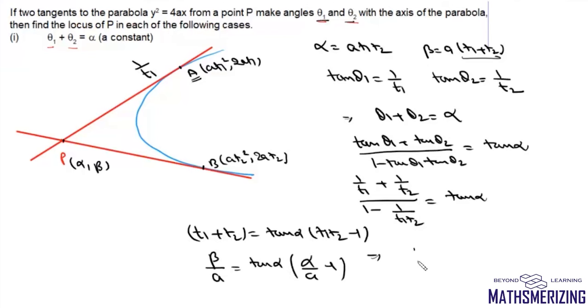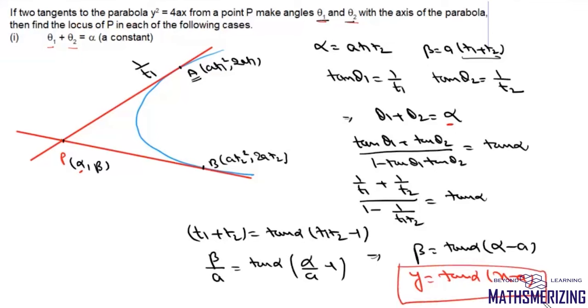So we'll get this equation as beta equals tan alpha into (alpha minus a). Now eventually we'll replace beta with y and alpha with x. Actually I should have taken some other point because here the angle given is alpha, but fine. So the answer to this question is y equals tan alpha times (x minus a).